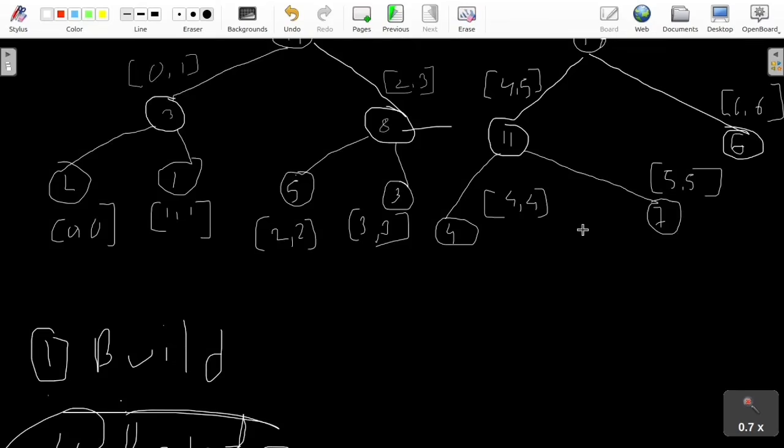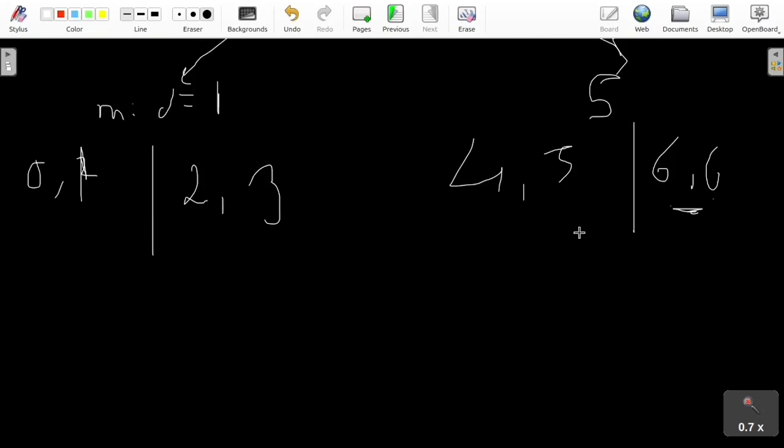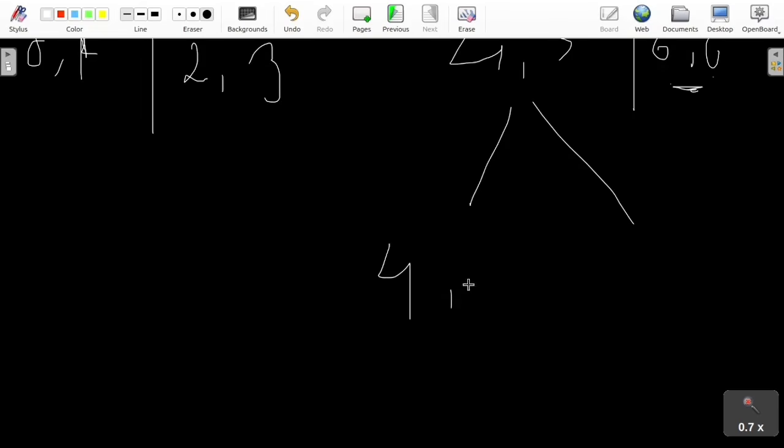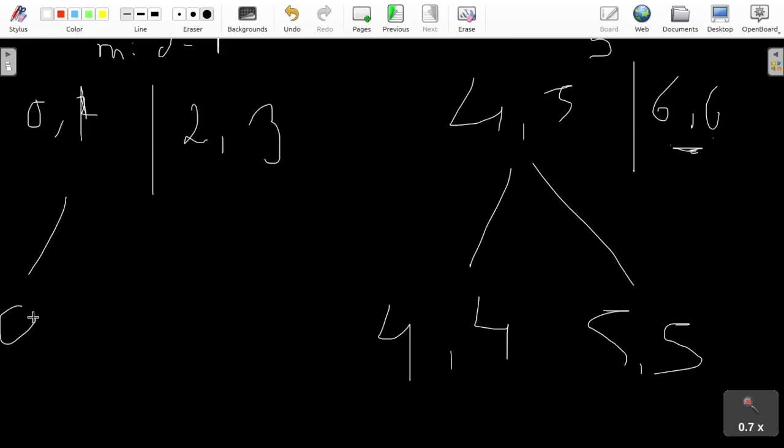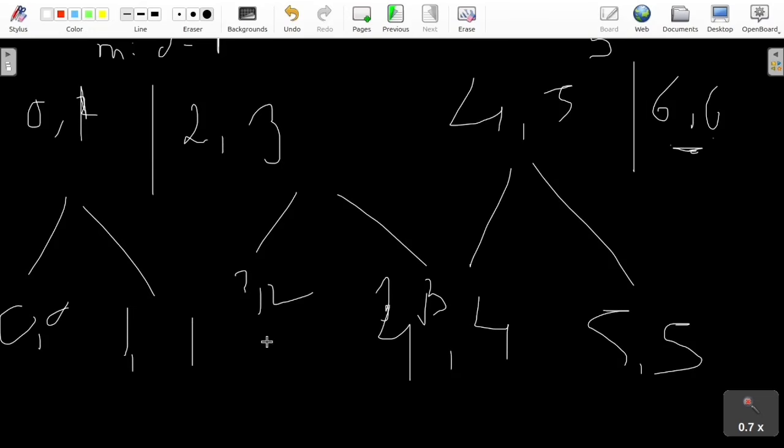Okay. Now, similarly for this, you will divide it from the middle. 4 plus 5, 9 divided by 2, 4. So L comma mid and mid plus 1 comma R, that is 4 plus 1, 5 comma 5. And similarly here, in 0 comma 0, 1 comma 1, 2 comma 2, 3 comma 3. Okay, I'm really sorry for the bad handwriting.